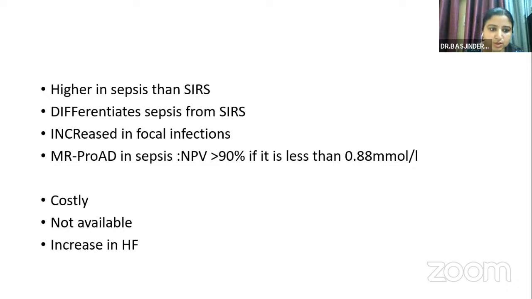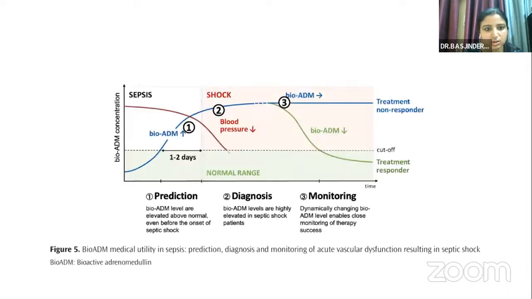But the drawbacks are it is costly, it's not widely available, and its levels are also raised in heart failure. So its value becomes limited in sepsis, but still it can prove as a near ideal biomarker in certain situations.